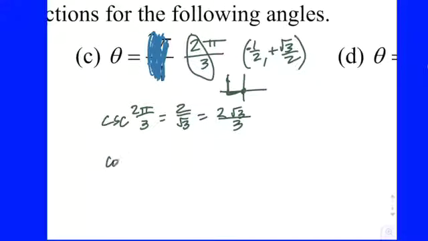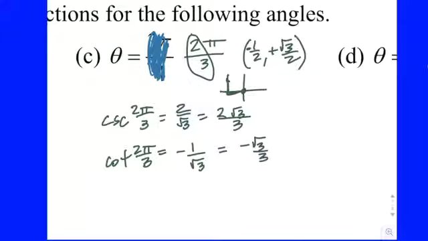Okay, good. How about cotangent of 2 pi thirds? Cotangent, tangent, forget about the denominators. What sign, though? It's x over y, forget about the 2. So it's negative 1 over the square root of 3, which when we rationalize is negative square root of 3 over 3.